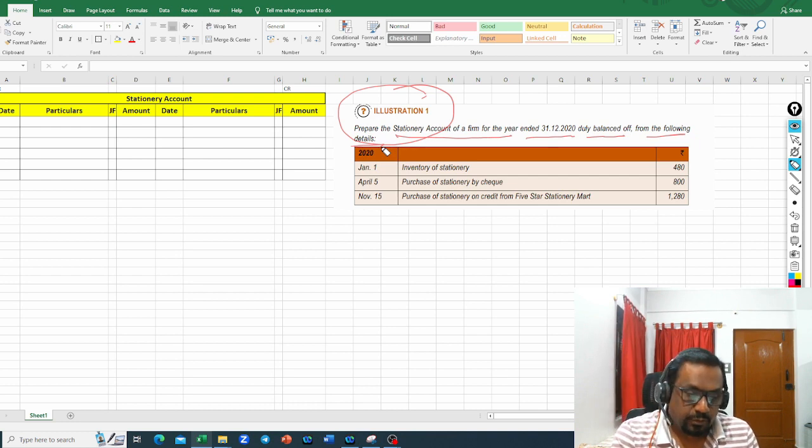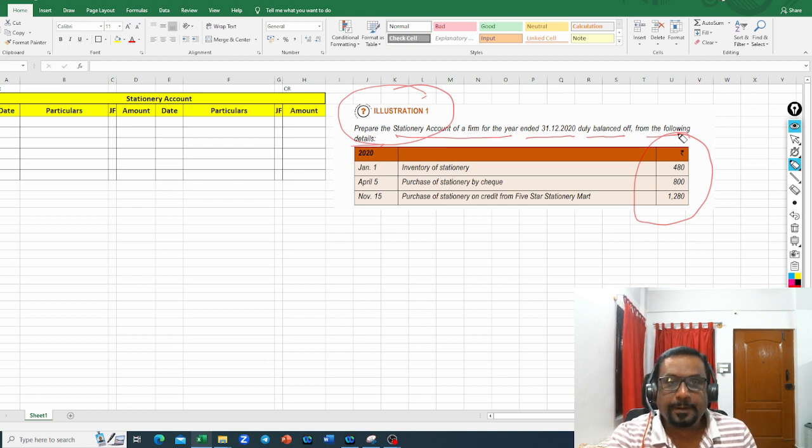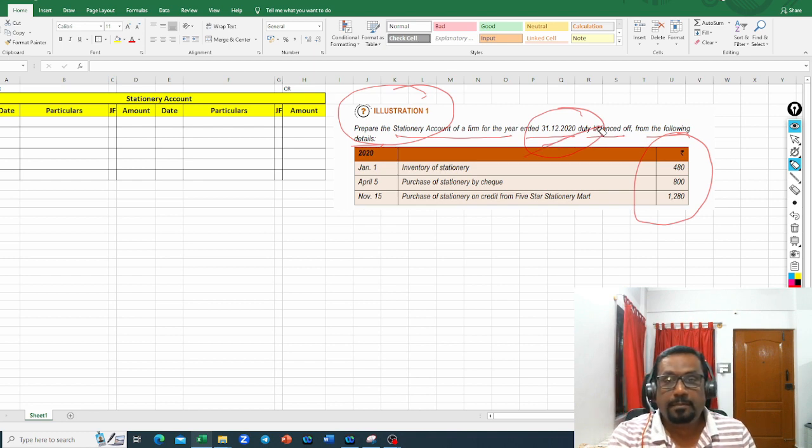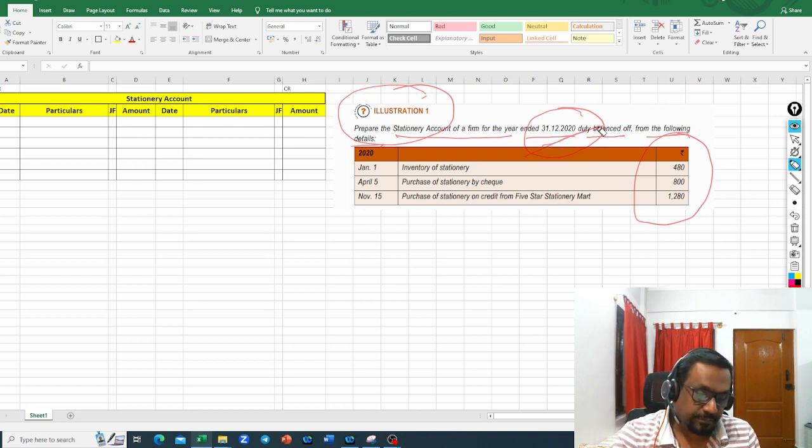The problem says you need to take all these transactions into account and prepare a stationery account. That too as of 31st December 2020. This is the date they are asking us to prepare the stationery account. Now let us look into the details.